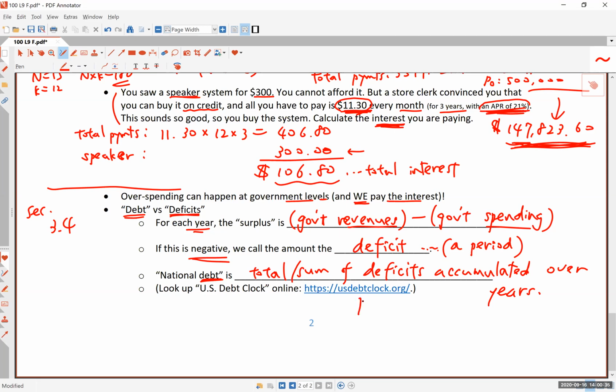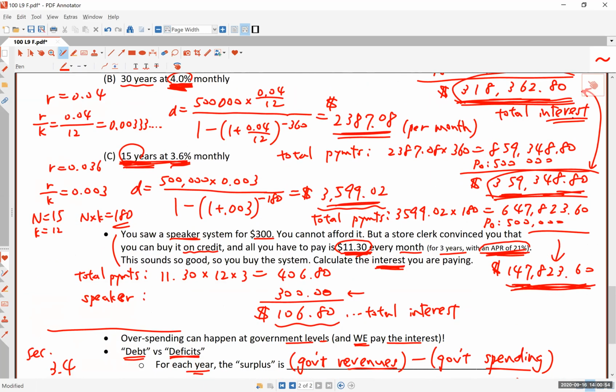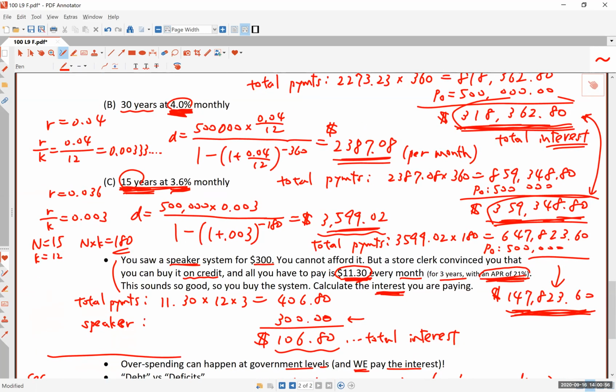Here's a website you can go to see what the national debt is, the United States debt clock, and it's moving very, very quickly because our debts are blowing up like I've never seen before. I hope you have learned at least somehow, maybe in the future, some ideas of how to save tens of thousands or hundreds of thousands of dollars when you take out a huge loan, such as buying a car or buying a home.